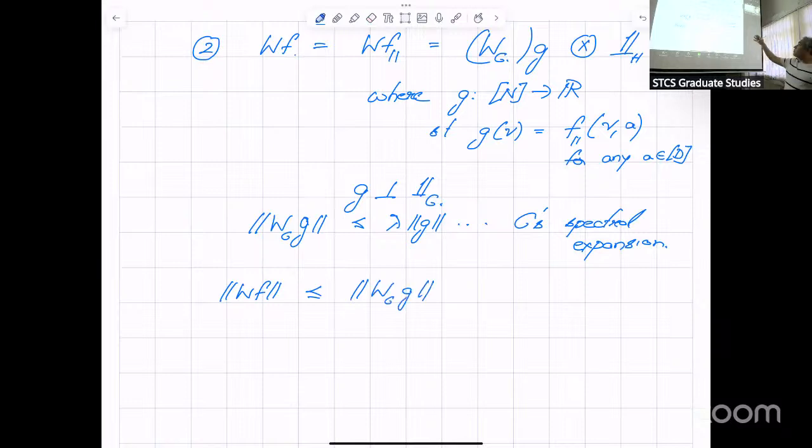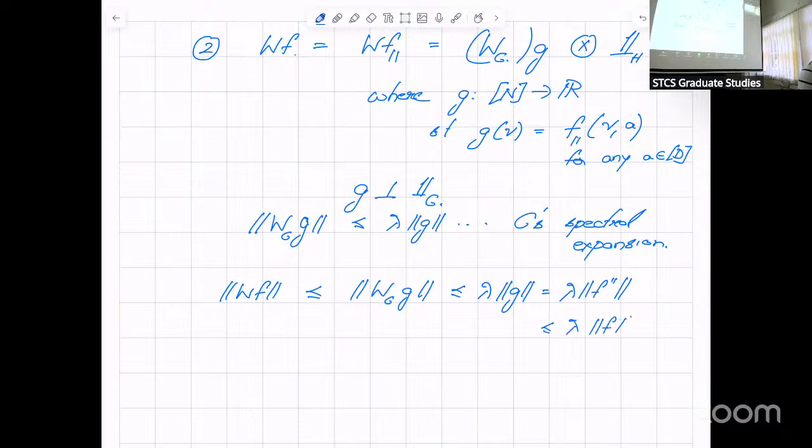The length of one is one, so it's just that, which is at most the length of lambda of G, but this is lambda of F parallel, which is less than lambda of F. All the sequence of inequalities here: WF is in fact, there is no inequality here. This is an equality.